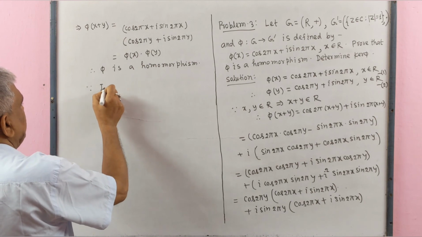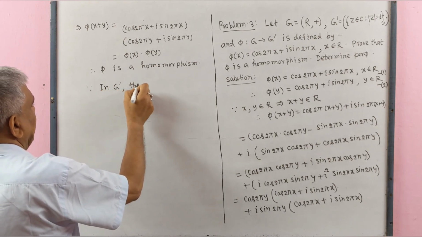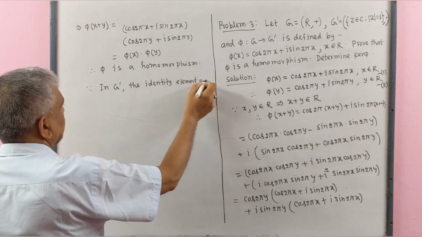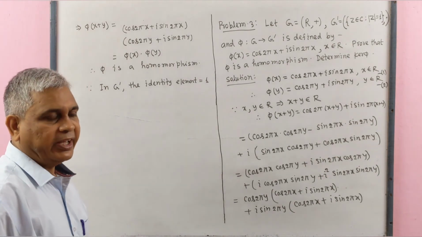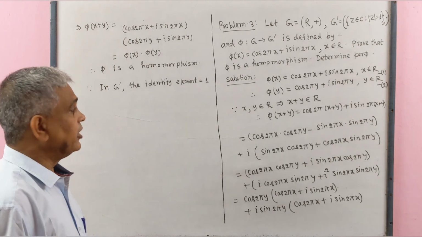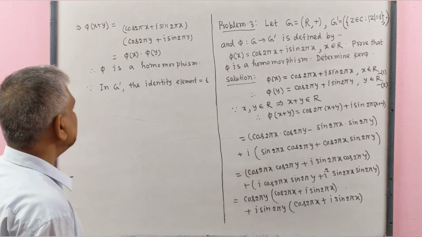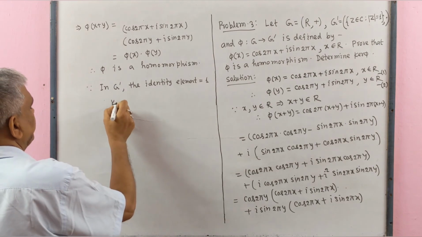Since in G prime the identity element equals 1, since it is with binary operation multiplication. In multiplication the identity element is 1. Therefore we have to find the kernel of the homomorphism.